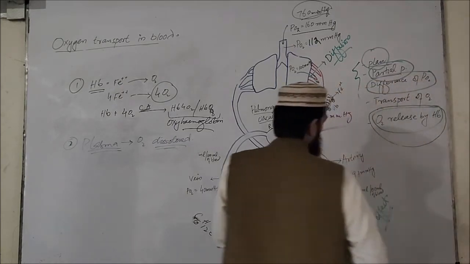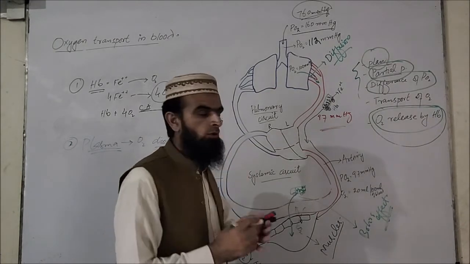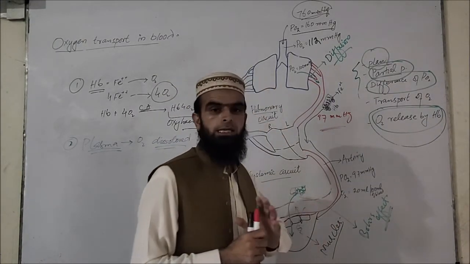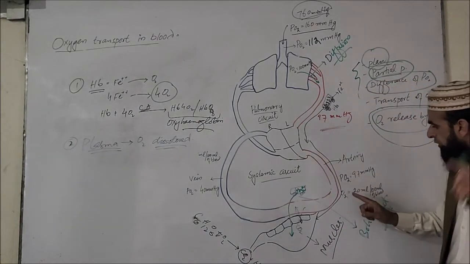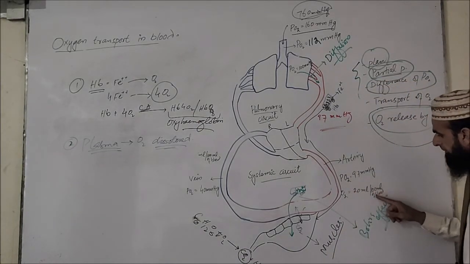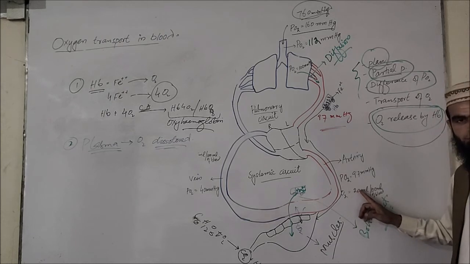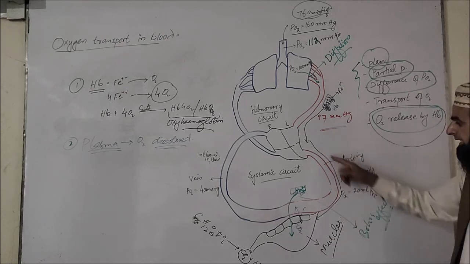So what happens here? If you look at the amount of oxygen per 100 ml, in the previous topic I have told in hemoglobin that each 100 ml of blood contains 20 ml of oxygen on the arterial side.